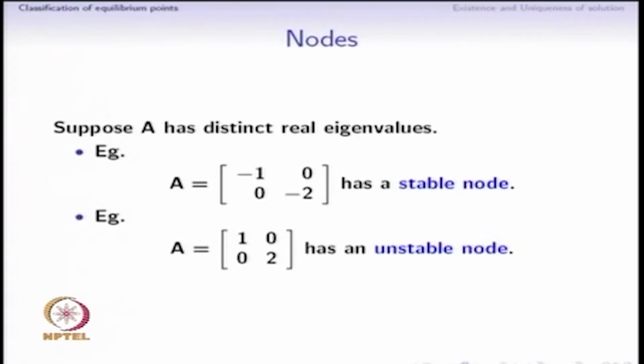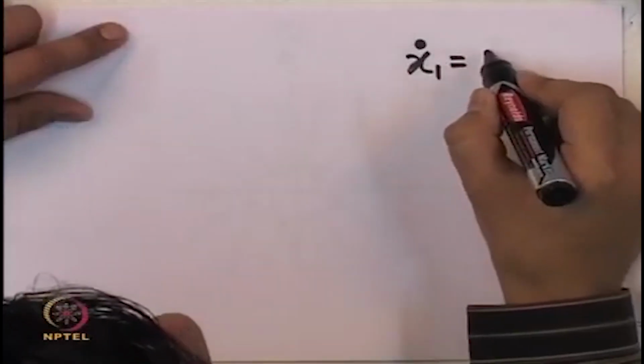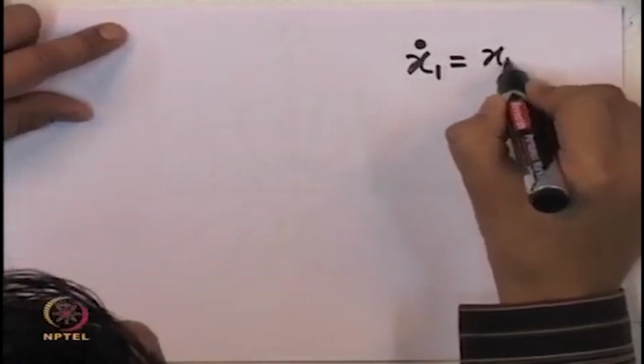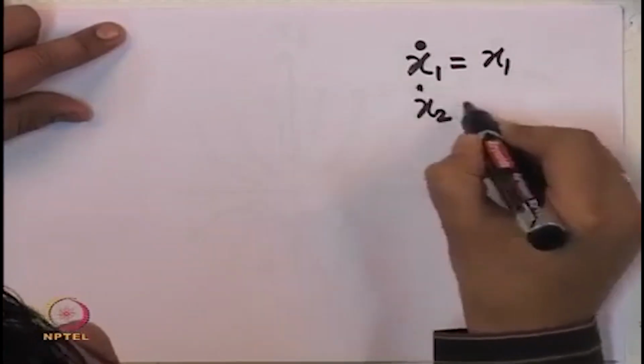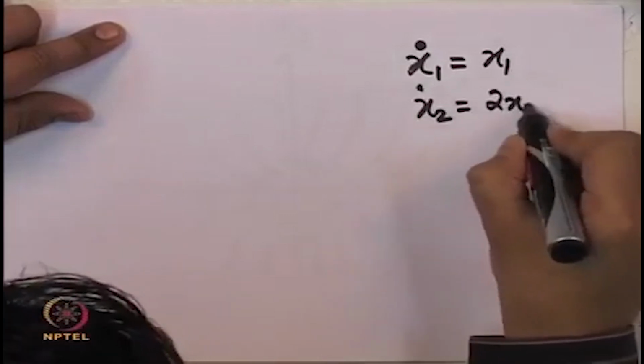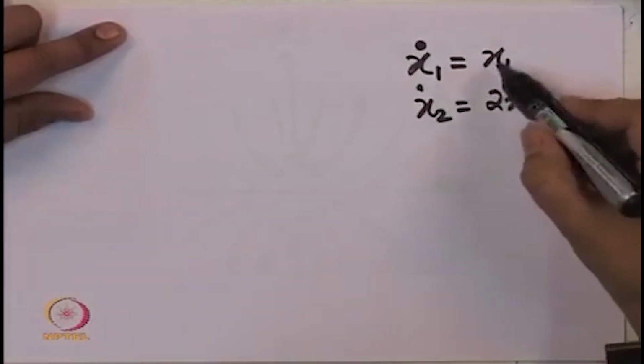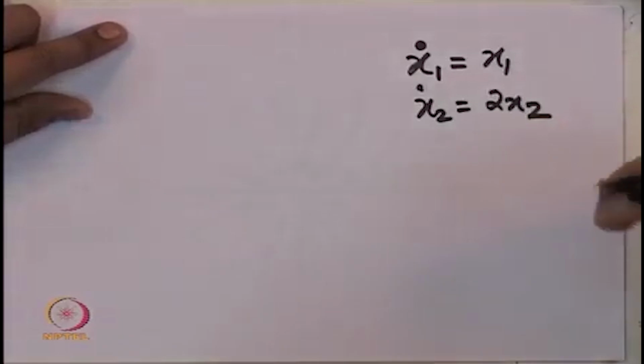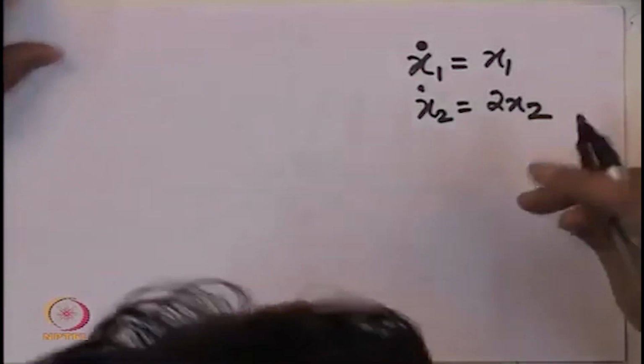Let us see this example just like we saw the previous case. Because the matrix A is diagonal, x1 dot is nothing but x1 and x2 dot is equal to 2 x2. So, we have two decoupled sets of equations. That was the advantage of assuming A is diagonal.